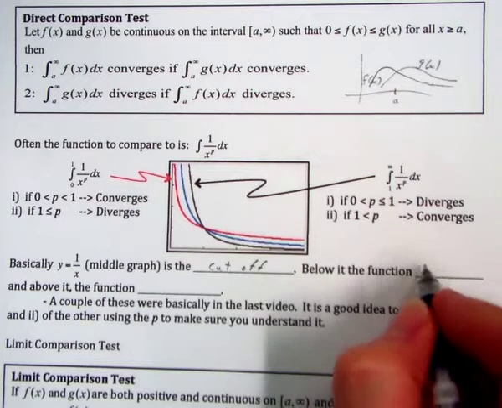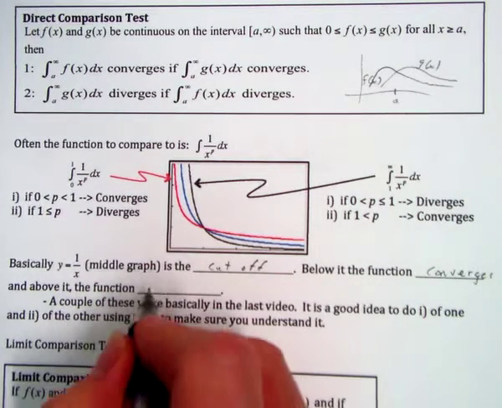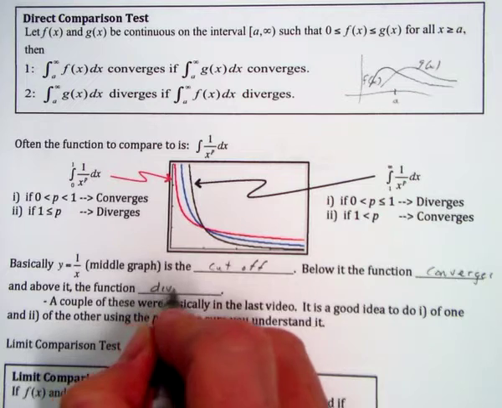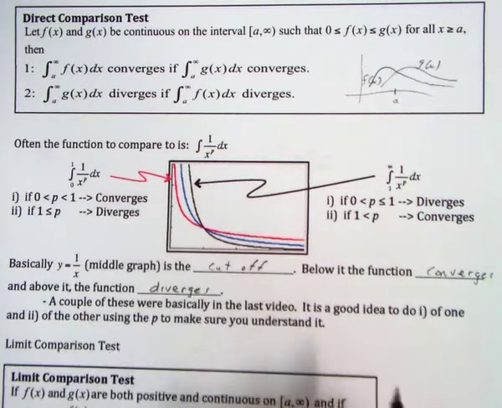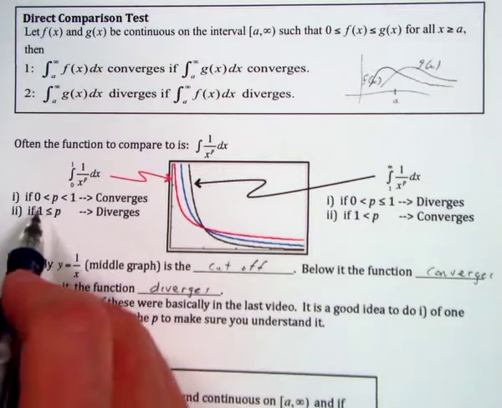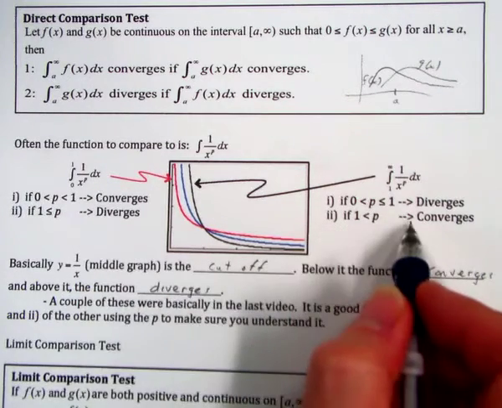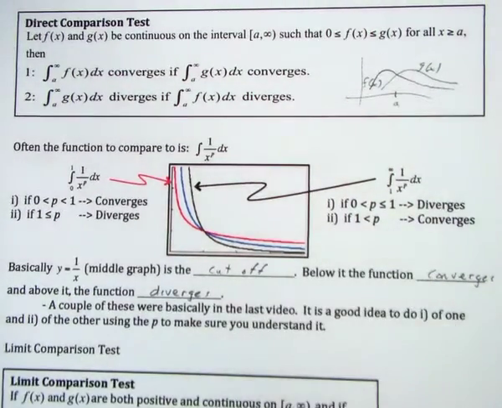Below it, the integral converges, and that makes this pretty special, and above it, it diverges. So it would be a good idea for you to go through and do the cases for the p-values and actually convince yourself that that really is true.